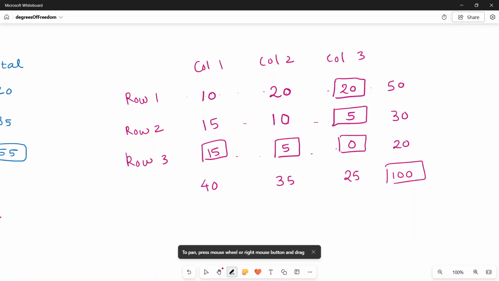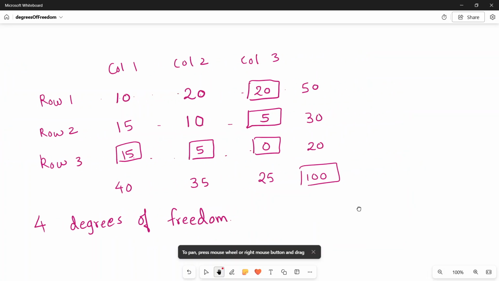That means, how many elements could I choose freely in this case? I could choose 4 elements freely in this table. So I have 4 degrees of freedom. Now, if you observe the trend in general, I can always make a choice for C minus 1 columns in R minus 1 rows. So, in general, that gives us the formula for calculating the degrees of freedom for any arbitrary contingency table.